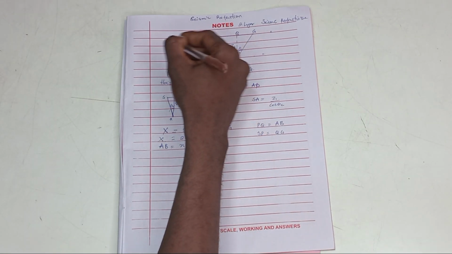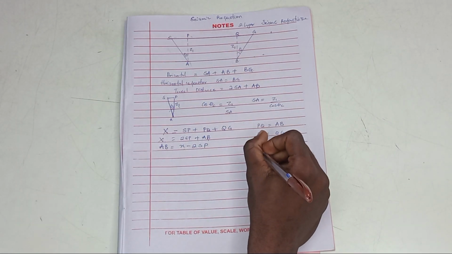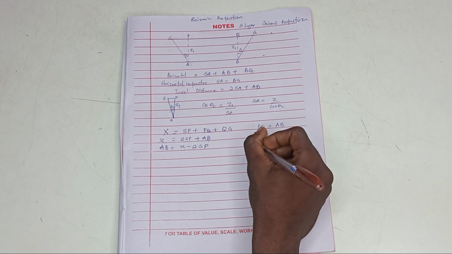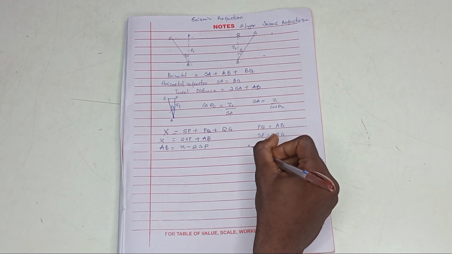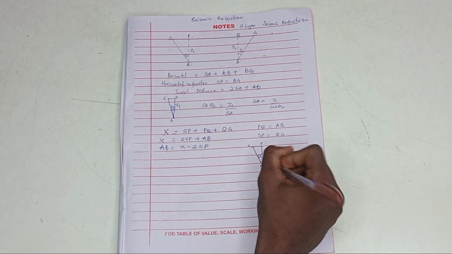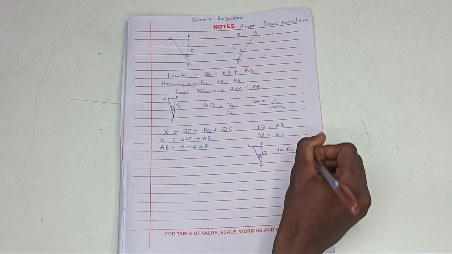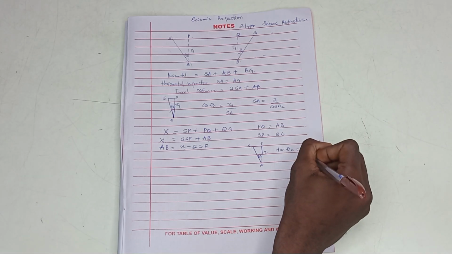Now, what is SP? If you look at this same triangle, SP can be represented: you have SP, you have Z1, and you have theta C. So tan theta C will give us opposite, which is SP, over Z1.